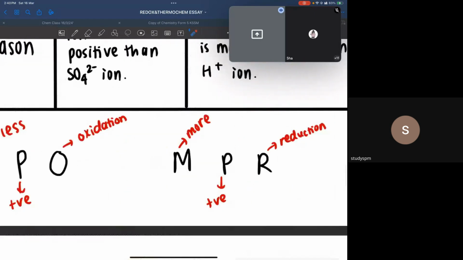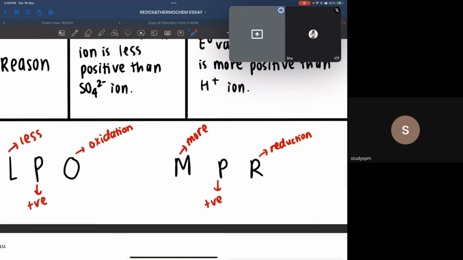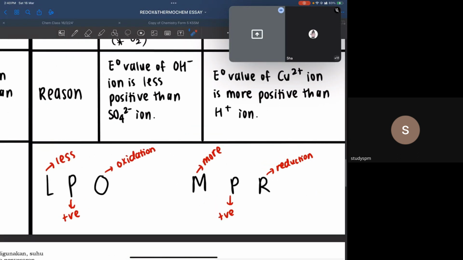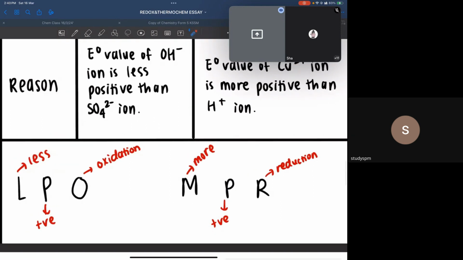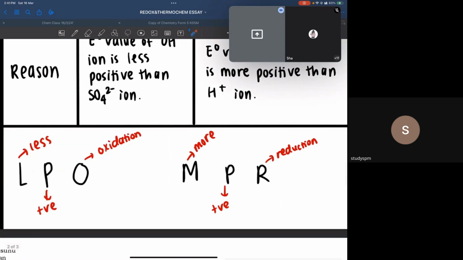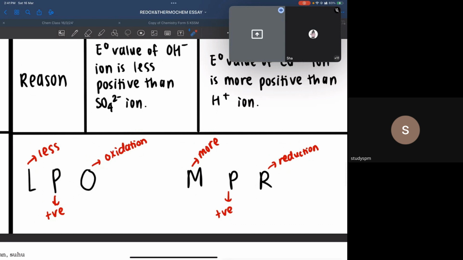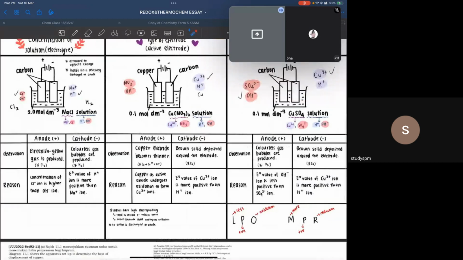I have it right here. If you don't see this kind of notes in my channel, I will try to resend, but if you scroll up, they are there. I shared them previously during my SPM batch. This one, LPO MPR, only applies for the E-value, that's why I write it under the E-value.